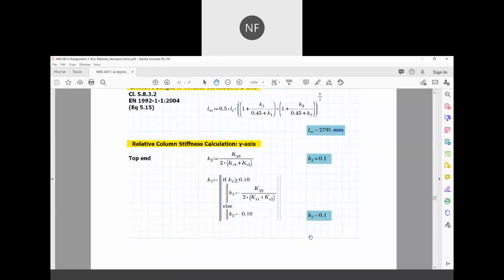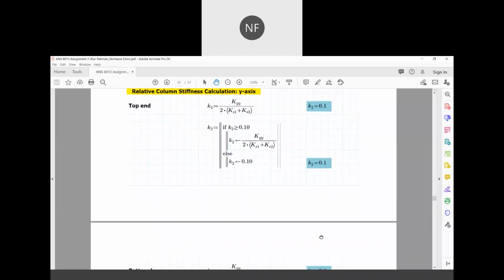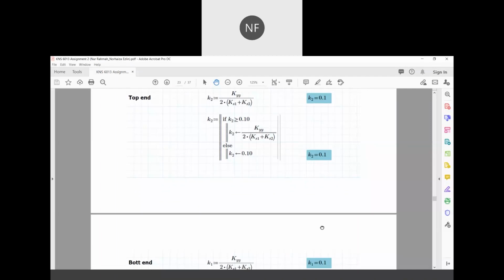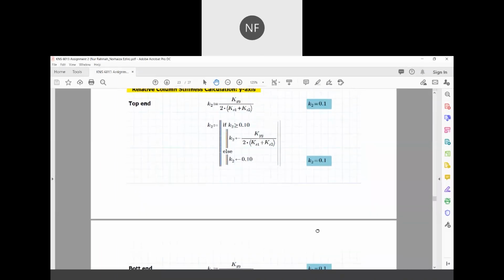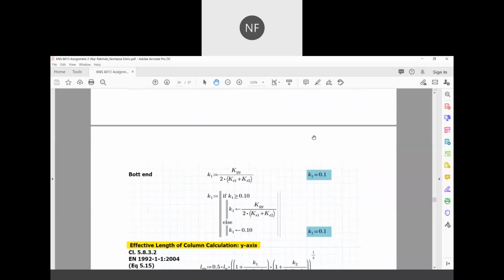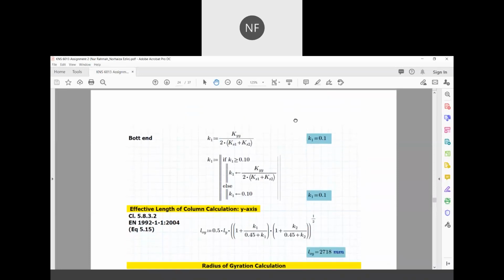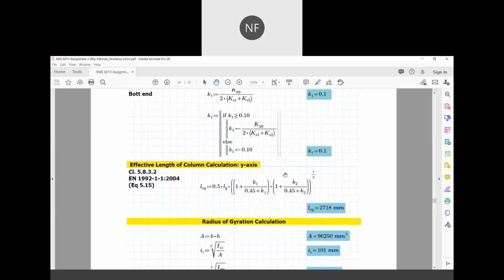And here's the relative column stiffness calculation at the y-axis, where we obtain the values using the same formula as for the relative column stiffness at the z-axis. Then we proceed to the effective length of column calculation at the y-axis, where it is equivalent to 2,718 mm.